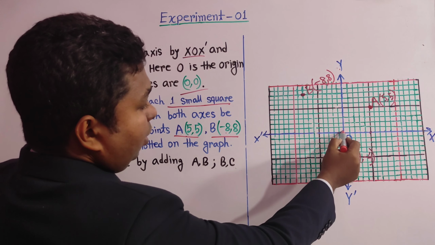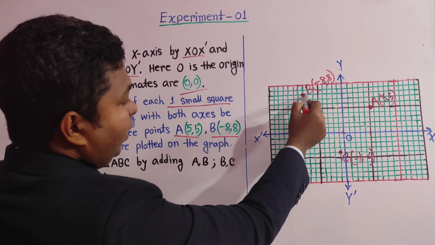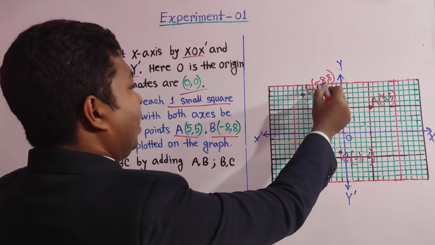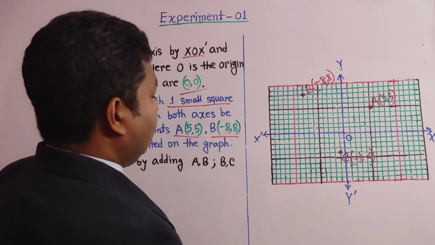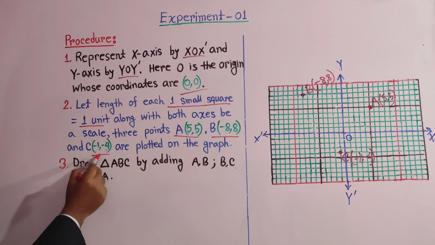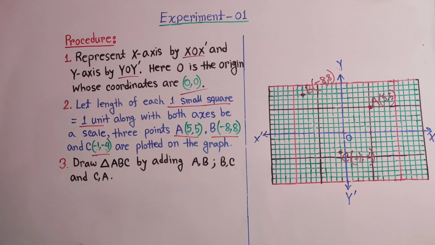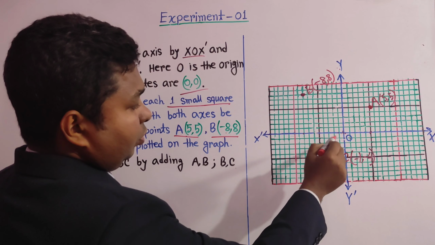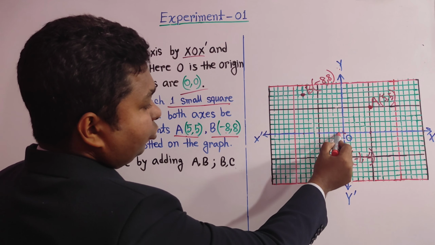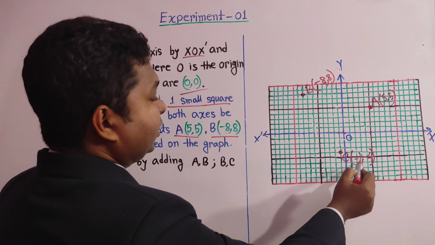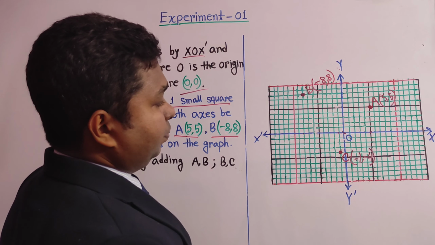So here -8 and +8 is our point B. Now the coordinates of point C are (-1, -4). So point C will be here, -1, then -4.